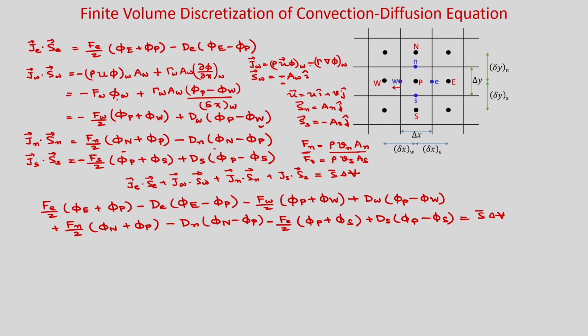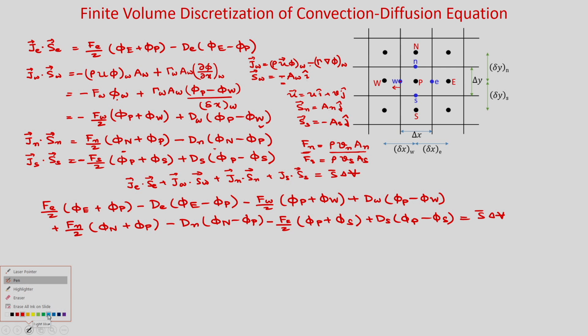So, now we will write this equation in the form of A_P phi_P. So, you collect all the terms of phi_P on the left hand side and take all other terms to the right hand side. So, which are the phi_P terms? So, these are the phi_P terms.